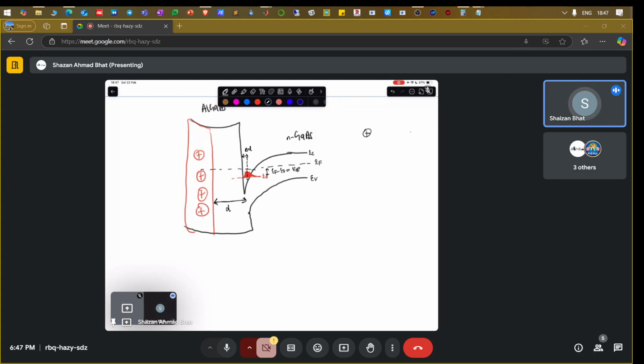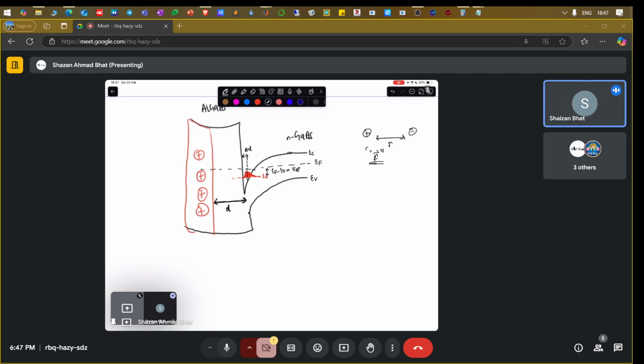You have certain charges separated by a certain distance, and you know there will be Coulombic forces between these two charges. So you have to be at an appreciable distance away from these charges so that they don't affect each other by those Coulombic forces. That's why this distance d is important whenever you modulation dope it.